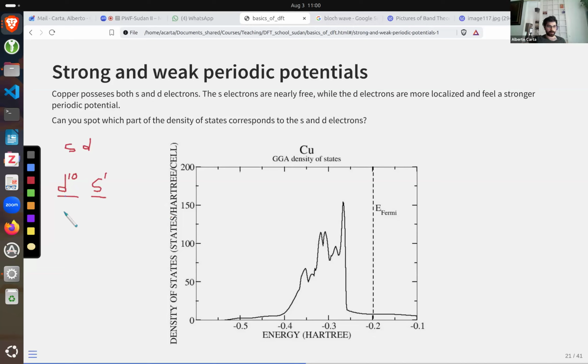Remember that in the D shell you have 10 available states, while for the S you're going to have only 2 states.